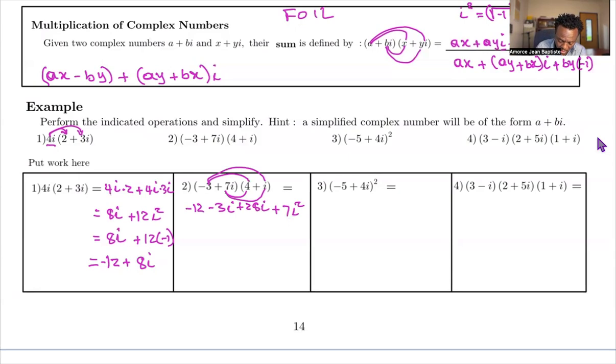So that is negative 12 minus 7, which is negative 19. Minus 3i plus 28i is 25i.